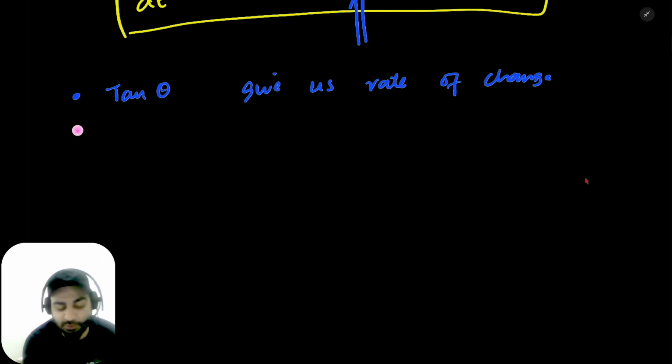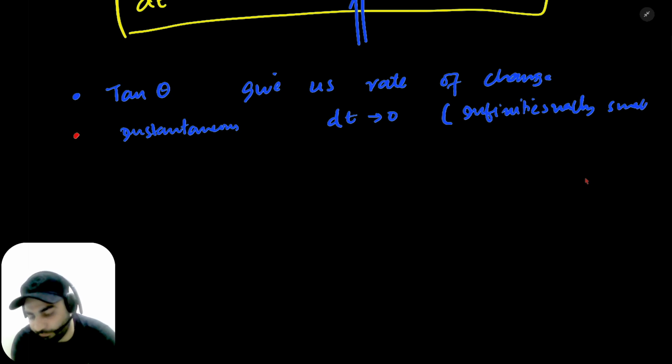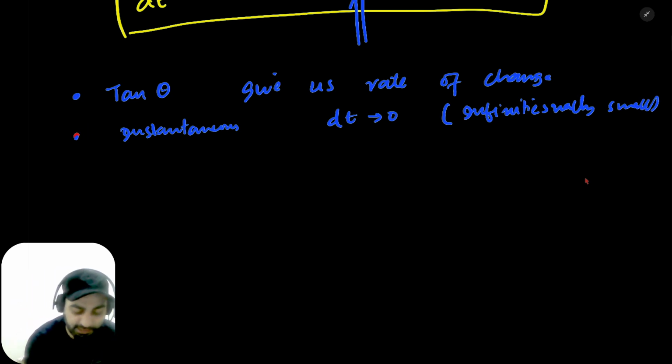So this is the first thing I want you to understand. Tan theta gives us the rate of change. And then I said instantaneous basically means some dt, let's suppose if it is time, some dt which is tending to 0. Instant basically means it is not 0, it is infinitesimally small, it's very small. This is the instant, and the meaning of instantaneous is that this dt tends to 0.